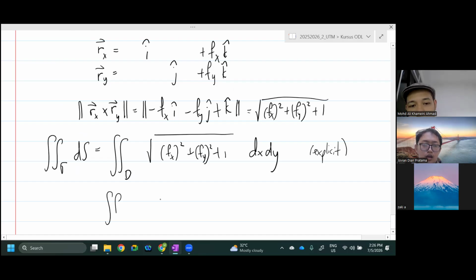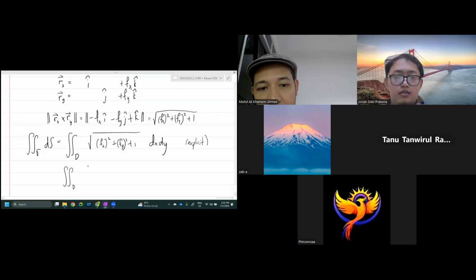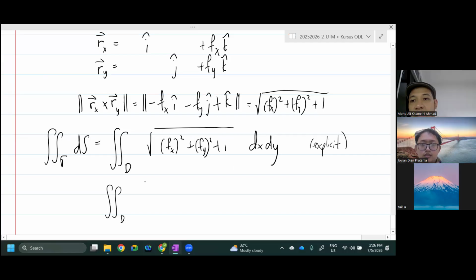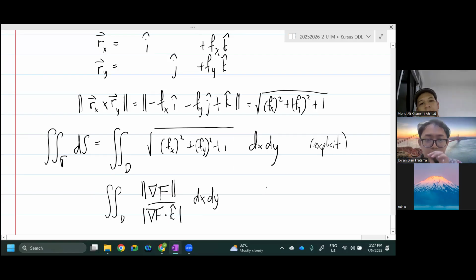Capital F. You find the gradient of F, divided by the gradient of F dotted with k here. This will be the magnitude of the gradient. This is just the product, you make it positive, and then you have dx dy. Okay? So this is if you are given the surface implicitly. Implicit.